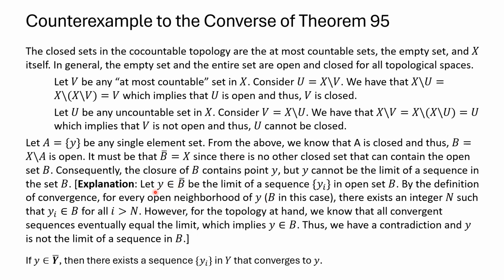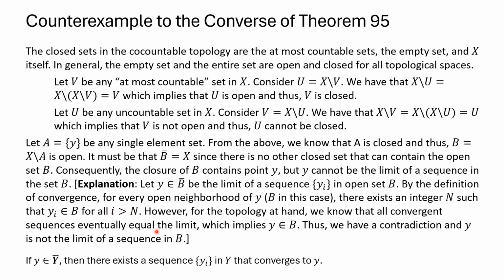So let Y be an element of the closure of B. We already have that. And let Y be the limit of a sequence Y sub i in open set B. So we're taking this part of the theorem here. Then by the definition of convergence, for every open neighborhood of Y, B in this case, there exists an integer n such that Y sub i is an element of B for all i greater than n.